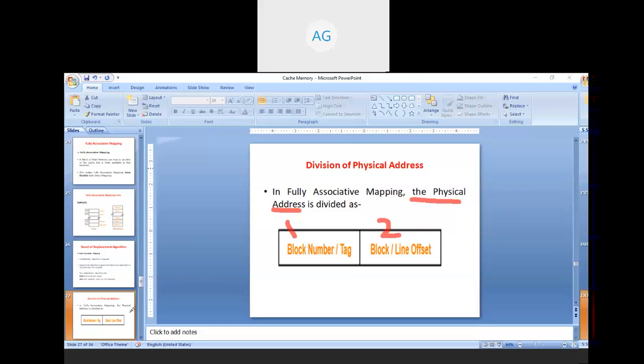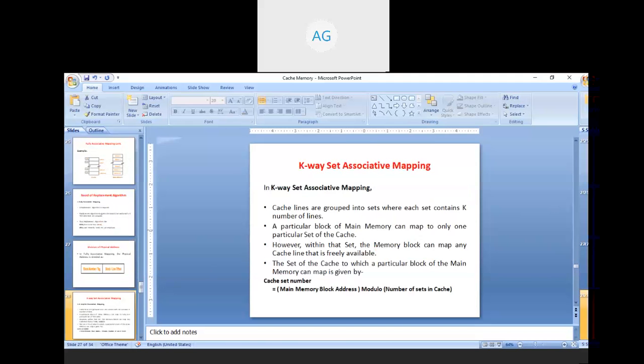Now we are going to discuss the third type of mapping, which is K-way set associative mapping. In K-way set associative mapping, cache lines are grouped into sets. Remember this word, sets.